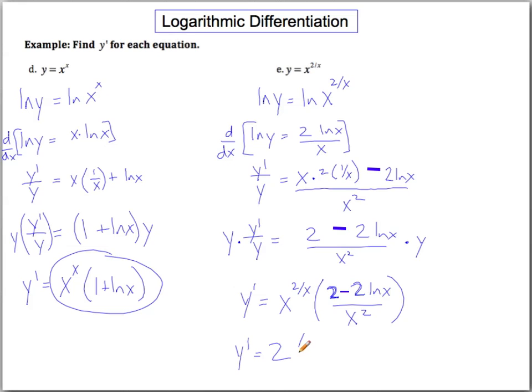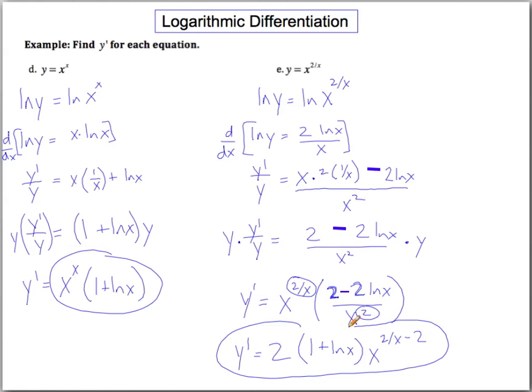And that would leave us with a 1 plus ln x. And then we're also going to do x to the 2 over x divided by x squared. And so we're actually going to subtract these right here. So it'll be times x to the 2 over x minus 2. Okay, so either of these forms would be okay with me, but you might see it in the book written like this.